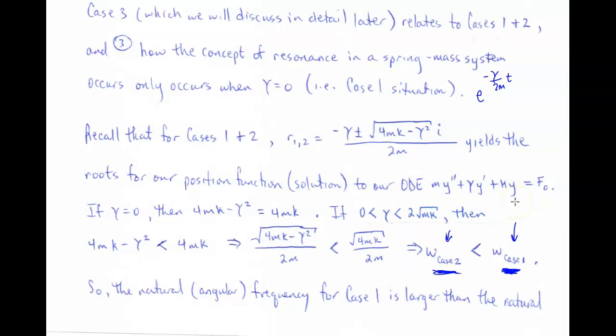So that means in case 1, whenever we have no dampening, your mass is going to oscillate back and forth the fastest that the system would possibly allow it to do. As we apply the dampening, that's actually going to slow down how much that mass can oscillate back and forth.